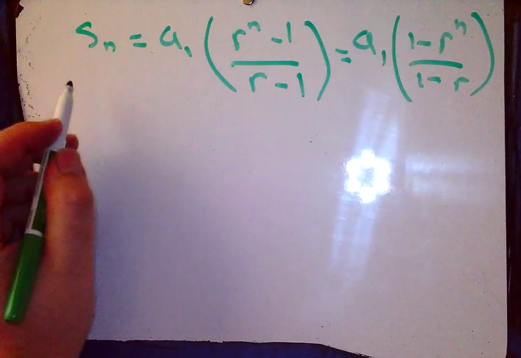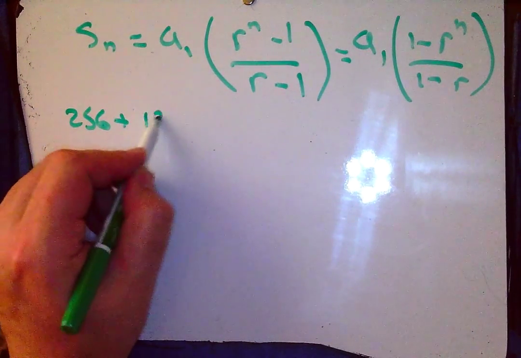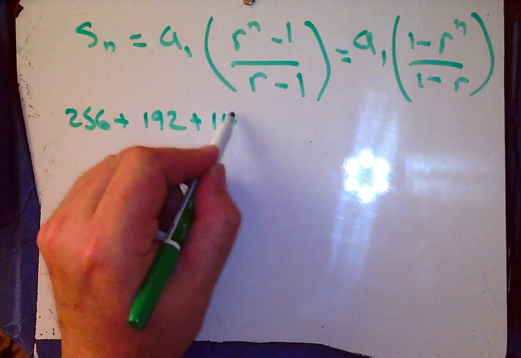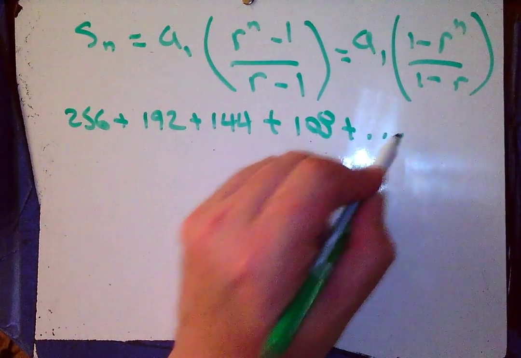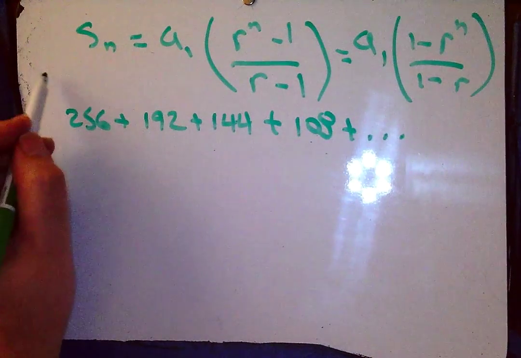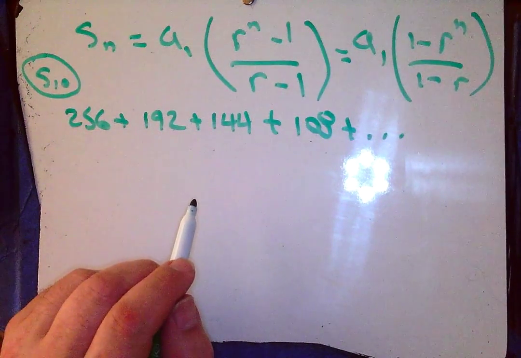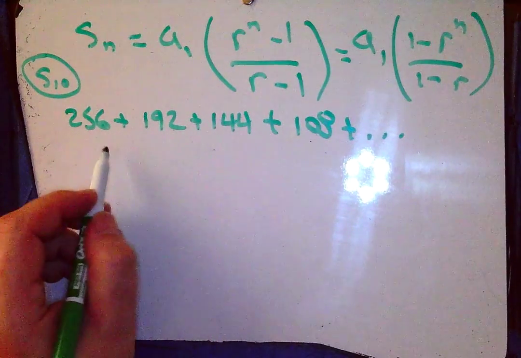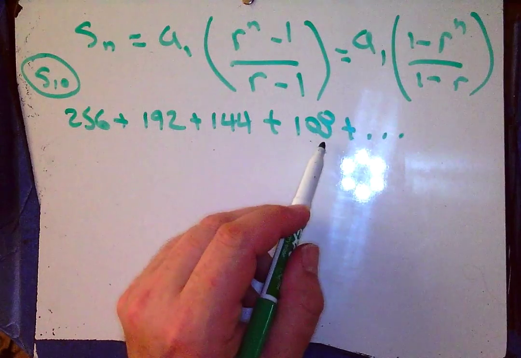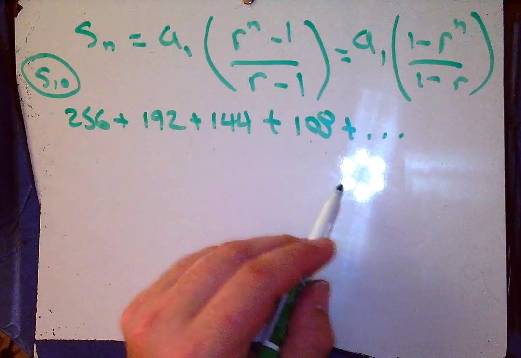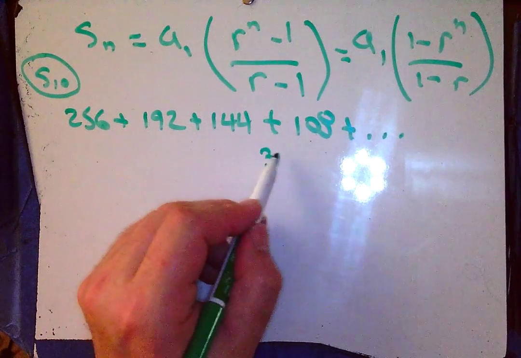Okay, so 256 plus 192 plus 144 plus 108 plus and so on. And again, I'm looking for S sub 10. Is this geometric? Maybe it's arithmetic. So if I do 144 minus 108, I get 36.